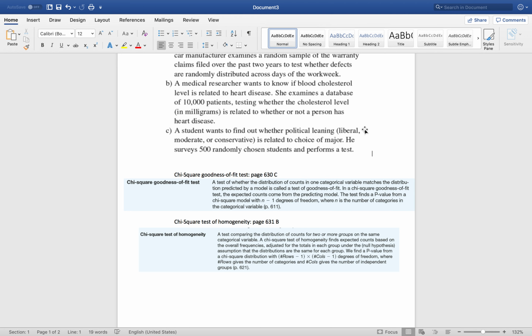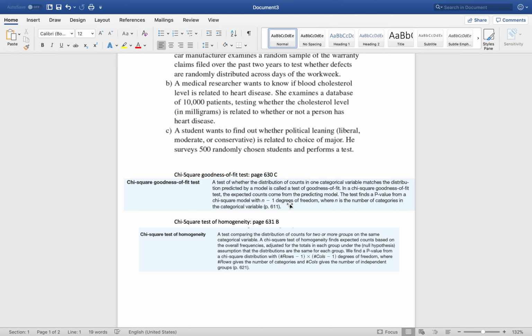A test of whether the distribution of counts in one categorical variable matches the distribution predicted by a model is called a test of goodness of fit. In a chi-square goodness of fit test, the expected counts come from the predicting model. The test finds a p-value from the chi-square model with n-1 degrees of freedom, where n is the number of categories in the categorical variable.